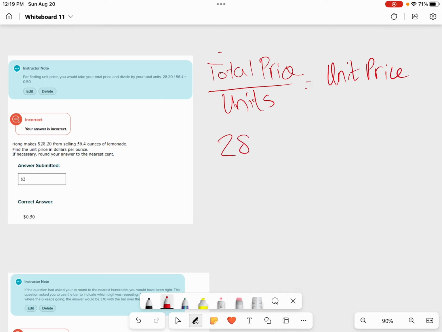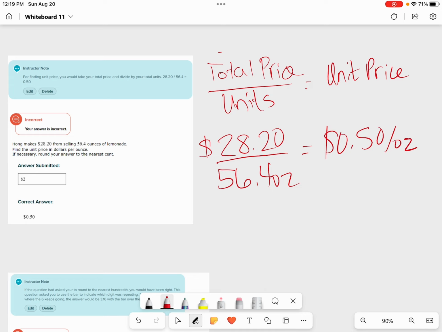They want us to find how much he makes per unit of lemonade, or per ounce. So we would take the $28.20 and divide by the 56.4 ounces. If you put that in your calculator, you'll get 50 cents per ounce.